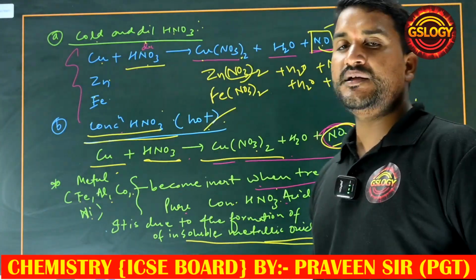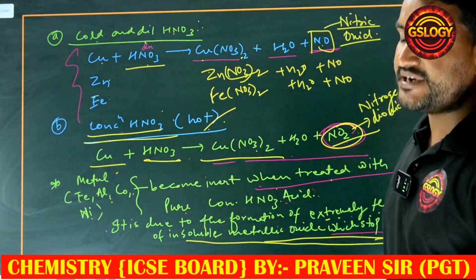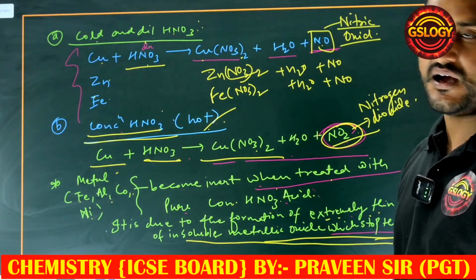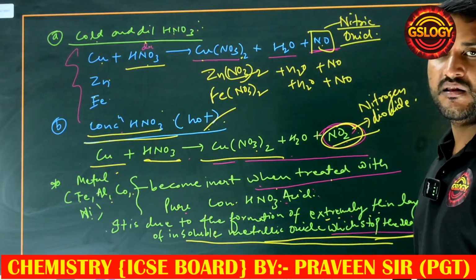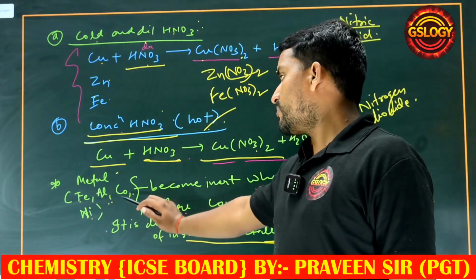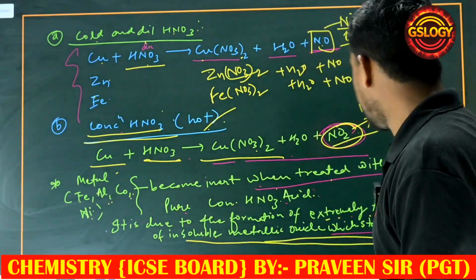That means hot, concentrated nitric acid does not react with metals, for example iron, aluminium, cobalt and nickel.